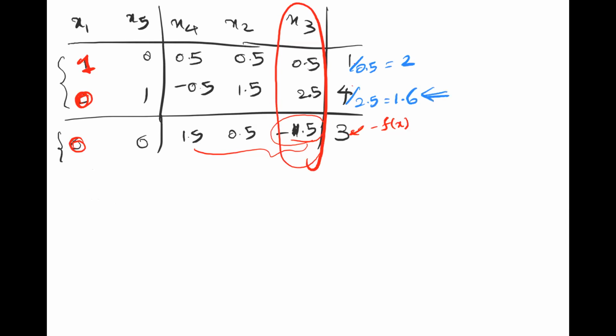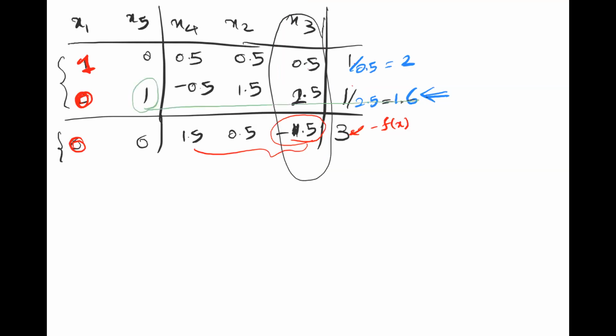This is the smallest positive value, 2.5. All right. So which of the basic variables does this correspond to? We come here, x5. So at this step, we want to switch x5 and x3.